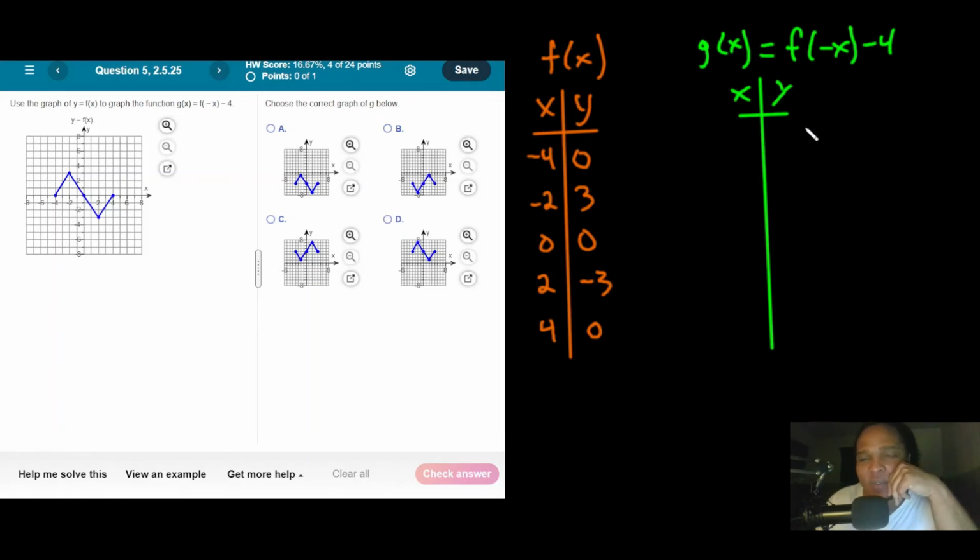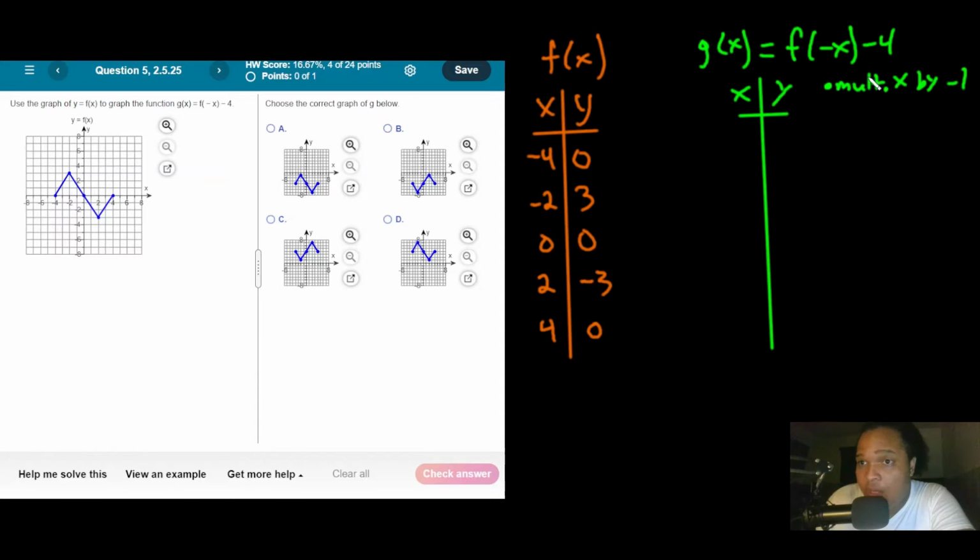Well, what are we going to do? Let's take a look at the inside. Do we have anything happening inside? Of course, we have a -x. I told you it was going to pop up. We're going to multiply all of our x's by -1. So let's write down the steps. Multiply x by -1, just so we know our steps.